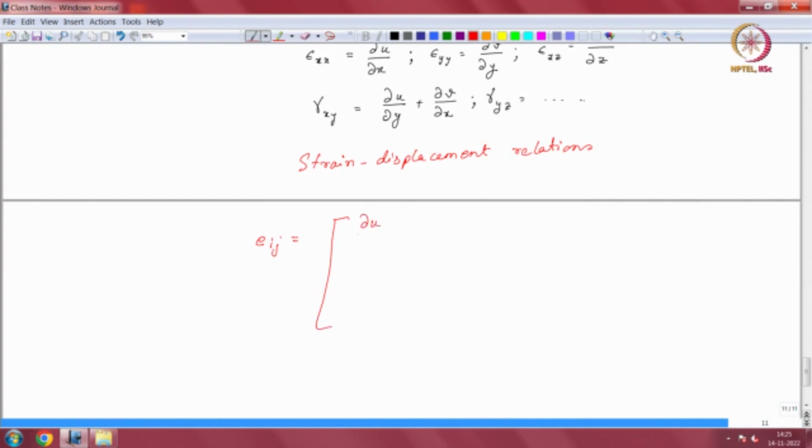If I have to write this, it is this matrix. So, we put a half here, for the 2D case.